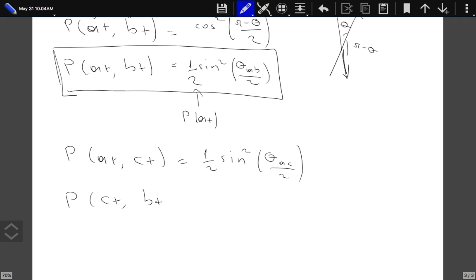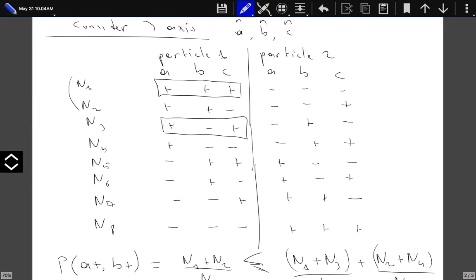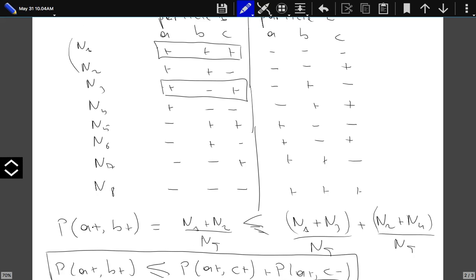Okay, so let me just go back again. Let me just start from the beginning. Okay, I have these two particles. I have chosen these axes, A and B. Now, what I'm going to do is the probability that the first particle is A plus, and the second particle is B plus.